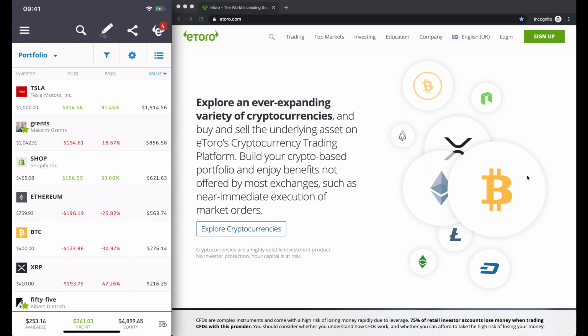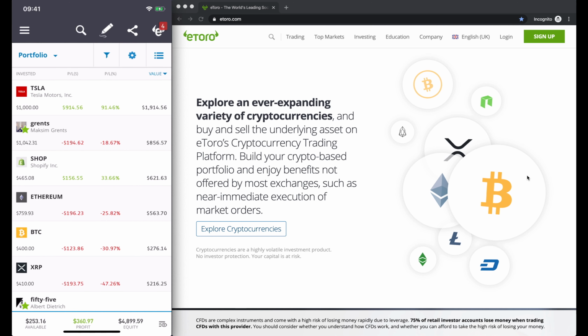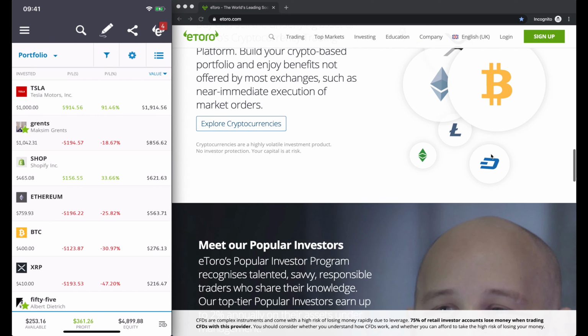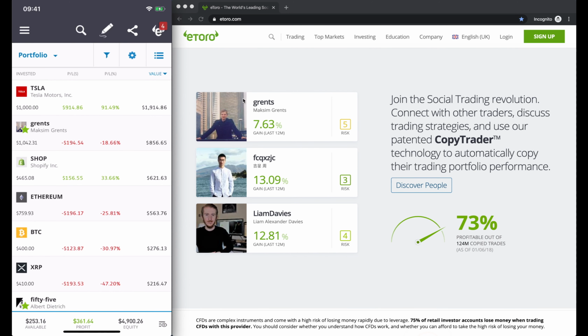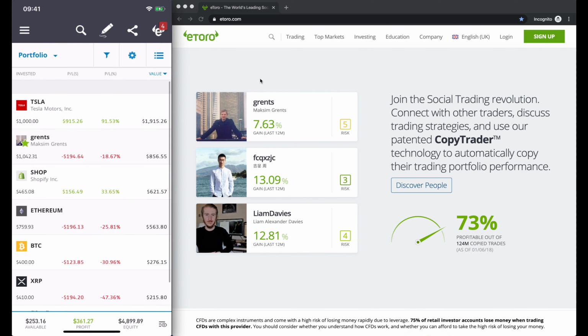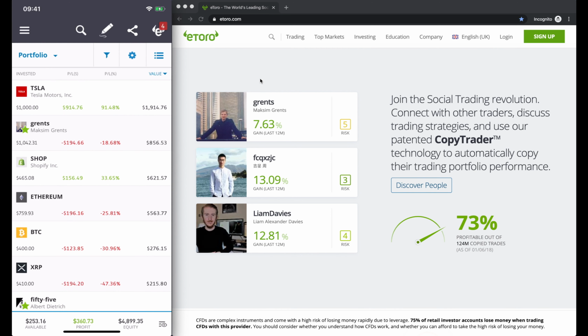We can see on the left hand side that I have my portfolio and all the different places where my money is being invested. Now you may have noticed, if I just scroll up, we have this user shown up here, and I have actually been following the exact same user. What is quite interesting is the profit to loss ratio.